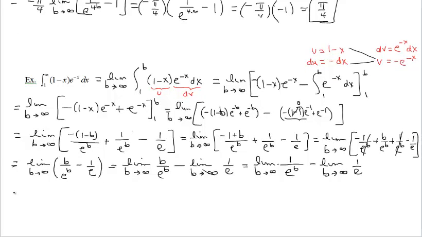And to finally clean this up, plug in infinity for b. That's 1 over super large, so that's going to go to 0. 0 minus this limit is just going to be 1 over e. So yep, that's my final answer, -1 over e.